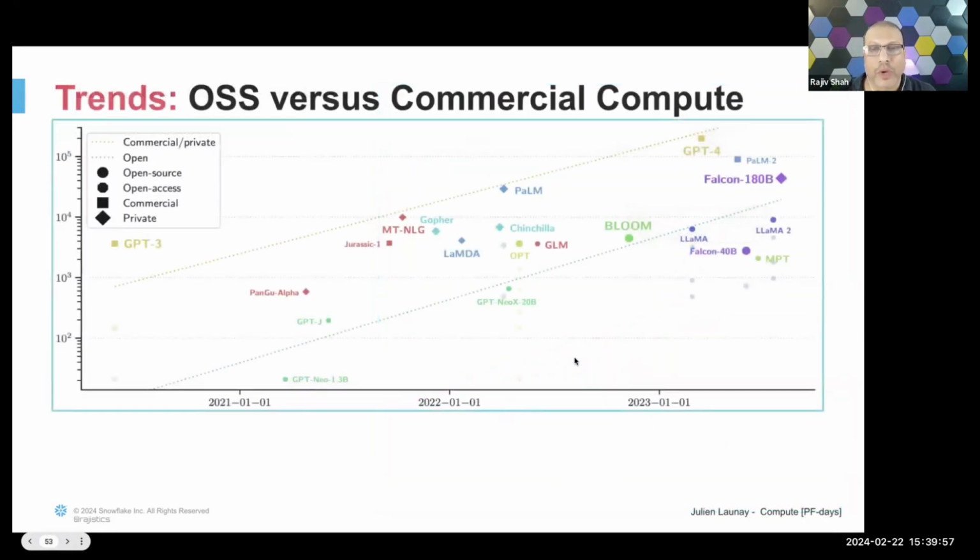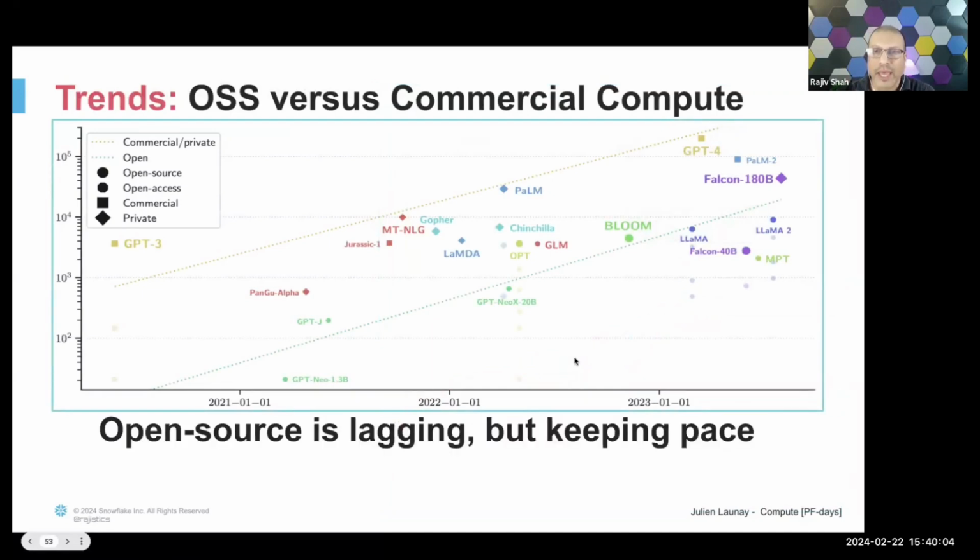So if we look at the trends here, compute is one of the underlying trends that makes these models smart. We see that models like GPT-4 and Google's Gemini are ahead in terms of overall compute, but the open source models are getting a good amount of compute and keeping pace over time, just lagging a little bit.